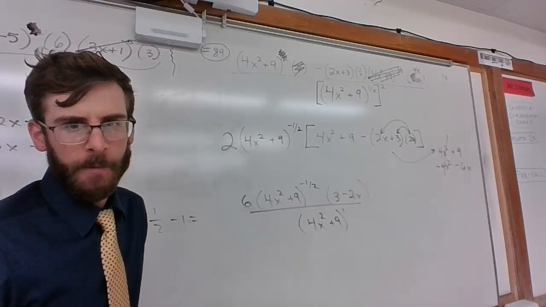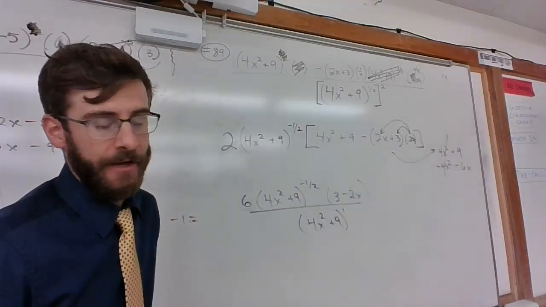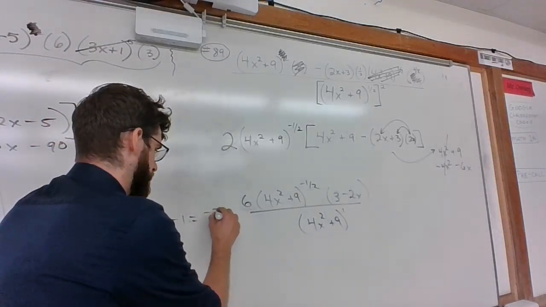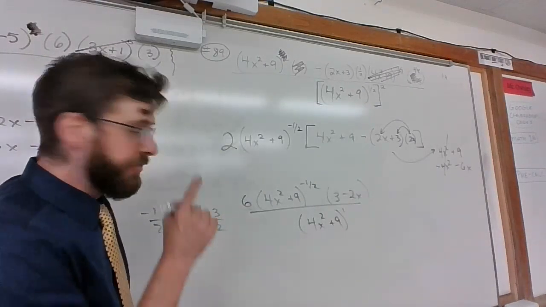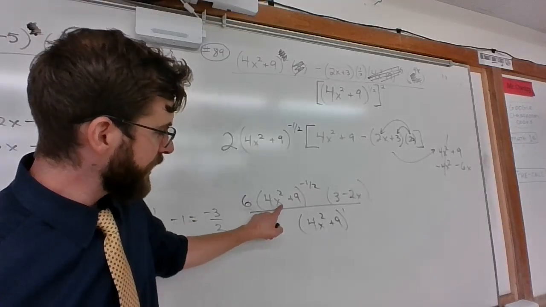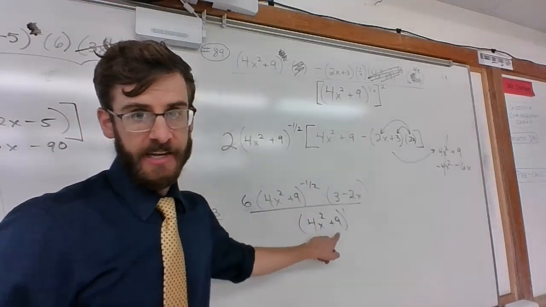Negative 3 halves is the more appropriate way to talk about it generally in the math academic community. So that's what happens when we divide 4x squared plus 9 to the negative half over 4x squared plus 9 to the 1.